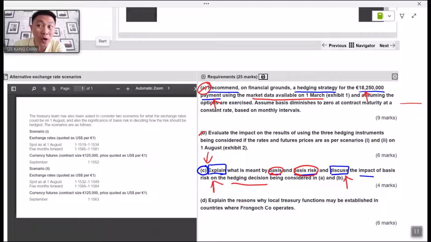Guys, it is worth taking notes of the last sentence in these requirements, highlighting an assumption showing basis diminishes to zero at the contract maturity or expiry at a constant rate. That is exactly what we have described about estimating the basis.